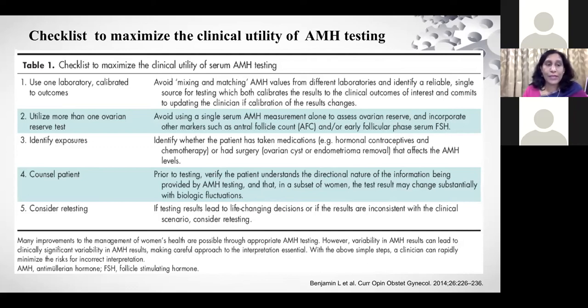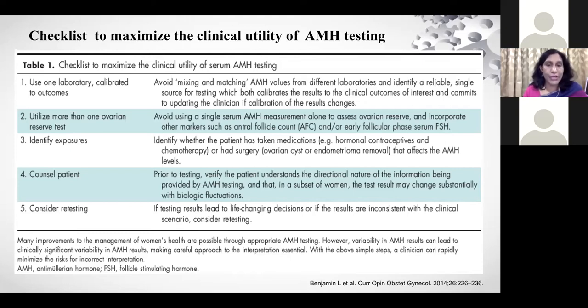Then utilize more than one ovarian reserve test. Avoid using a single serum AMH measurement alone to assess ovarian reserve. Incorporate other markers such as antral follicle count and/or early follicular phase serum FSH.